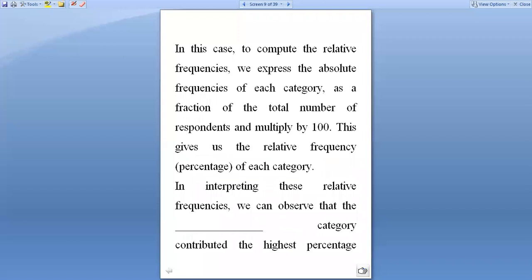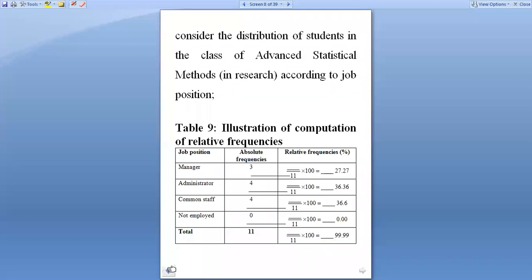Let's move on. Now, that activity we have done answers the question, how do we compute percentages? How do we get the frequency counts? And how do we get the percentages? We get frequency counts by counting the number of times each category appears.